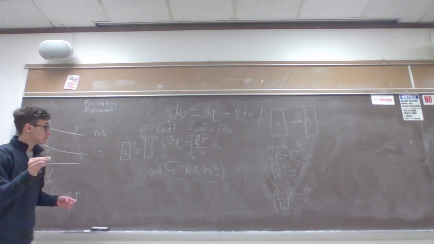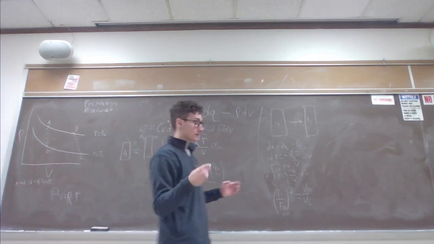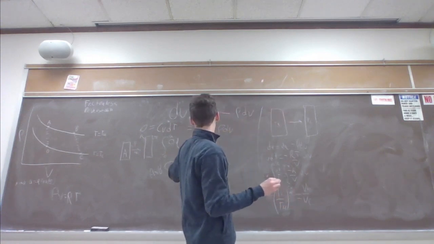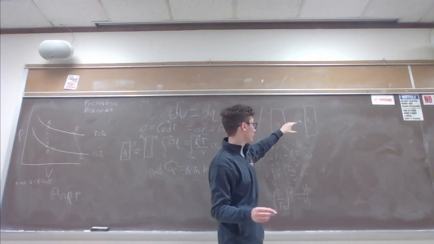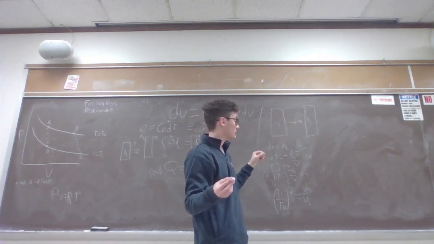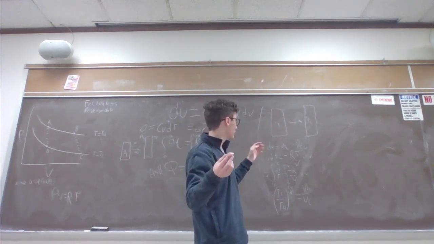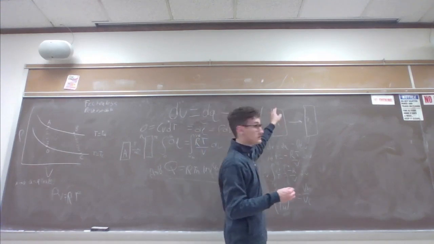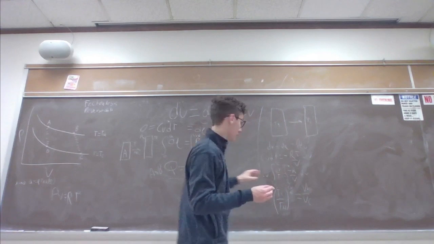And another thing I wanted to talk about, and I want to make sure I didn't forget, is that for this to expand with no heat added, it has to take in energy and take in heat, or it has to expel that heat, which makes it cool down from TH to TC, all right?